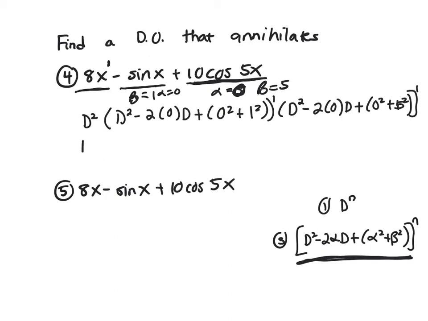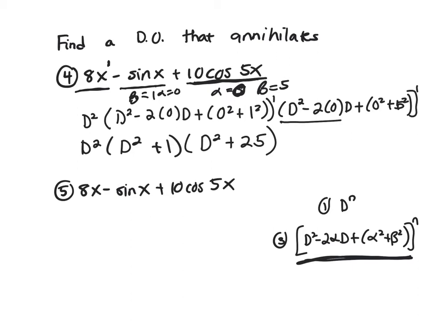So simplify. That will be d squared times d squared plus 1 times, simplify this last one, that's d squared plus 25. That's what annihilates number 4.